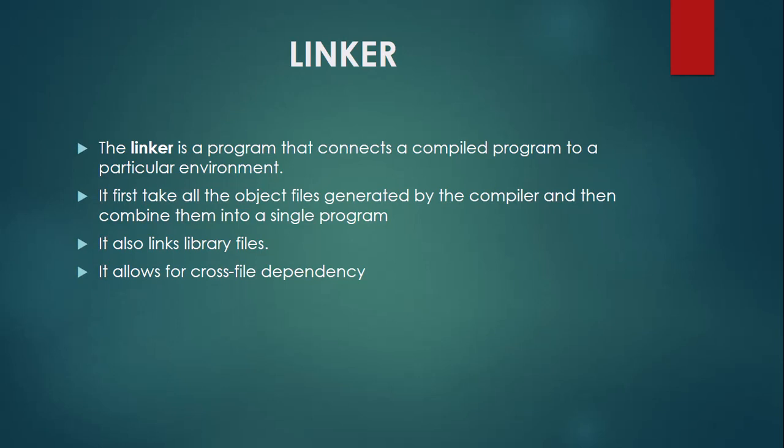The compiler takes source code as input and gives object files as output, and the linker takes those object files as input and combines them into a single executable file. It also links the library files.